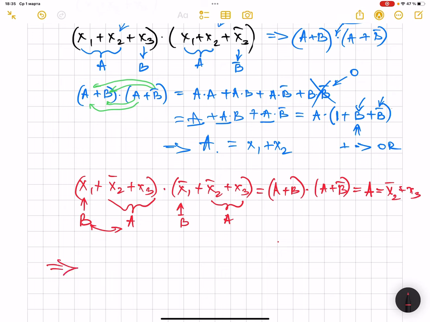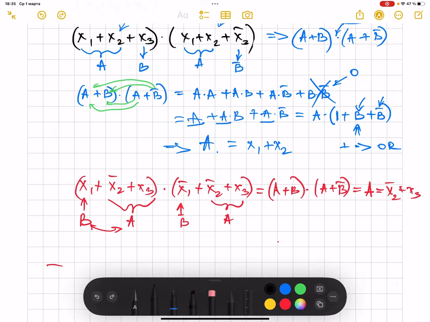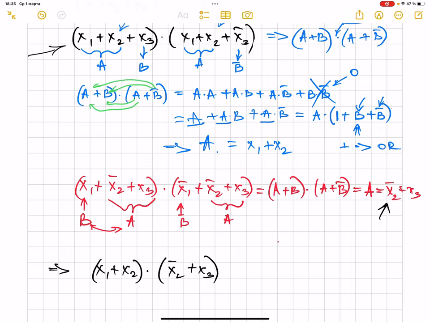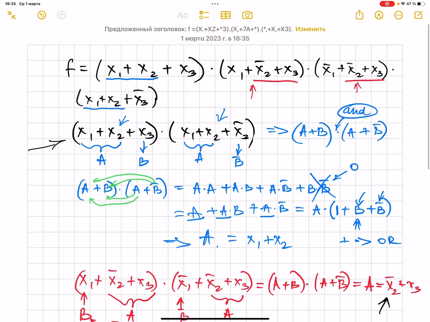So the final result is going to be x1 plus x2, from the first two brackets, multiplied by x2 bar plus x3. I hope it was pretty understandable. The very first thing is to identify the common, or similar, expressions.